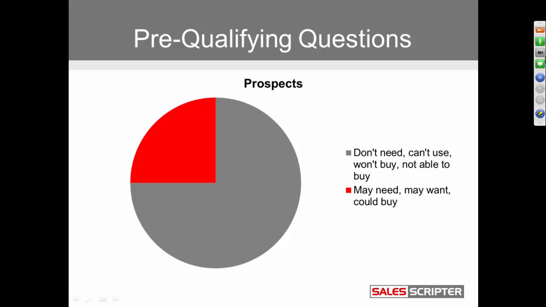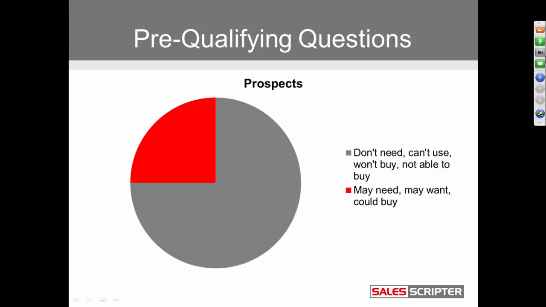Like we sell cars, and they bought a car 2 months ago, right? So they do not need what we sell, or they're not able to buy it from a financial standpoint or authority. But the red slice is prospects that may need what we have. So there's a potential need there where they may want it or they could possibly buy it.